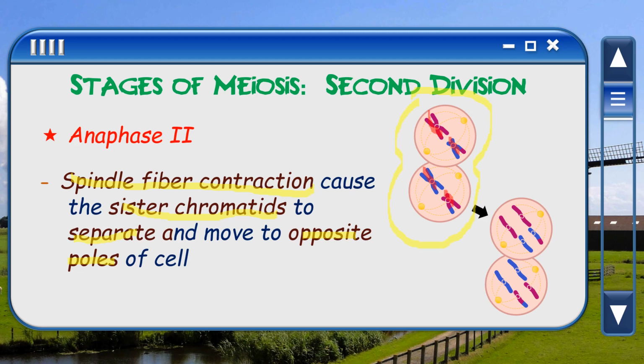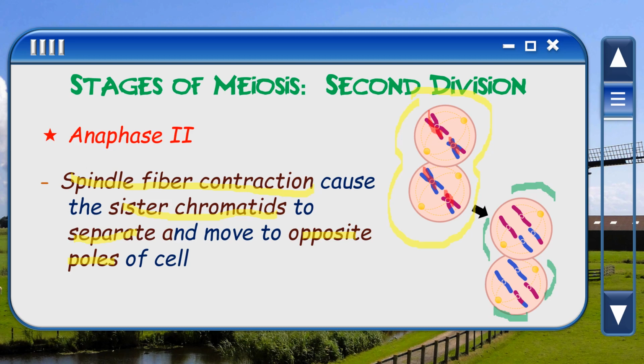These sister chromatids are now going to separate and start moving to different poles. That one will separate and move to a different pole. The other one will separate and move to a different pole. This one will separate and move to a different pole, and this one will separate and move to a different pole.